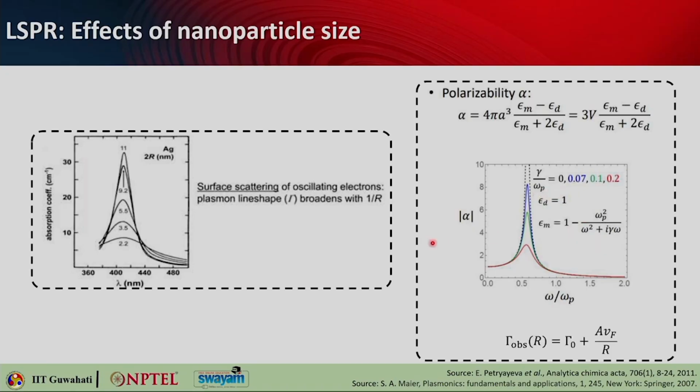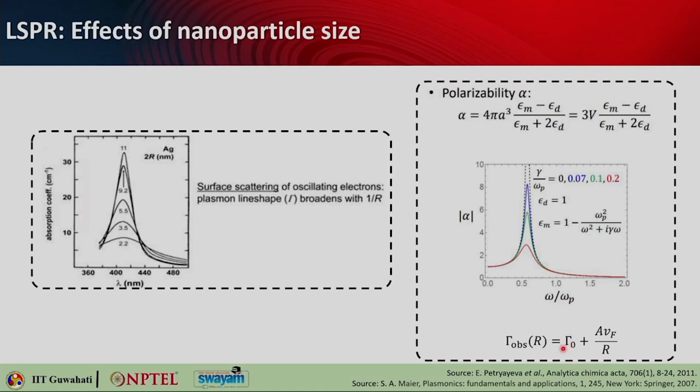Now, when the nanoparticle size is smaller than the mean free path of electrons in that particular metal, there will be additional scattering losses, which is surface scattering. As shown here, gamma is inversely proportional to R. So, this gamma will now be replaced by this new gamma, which is this small gamma.